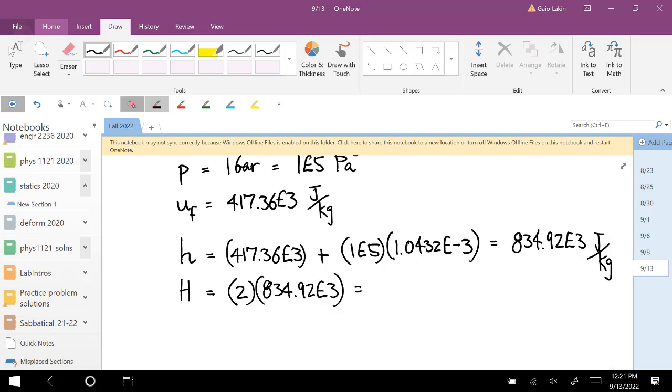Oh, I'm sorry. I gave you the wrong one here. That's just not what that comes out to if you calculate it. This comes out to 417.46 times 10 to the third. And so multiply it by 2 kilograms, and you get.